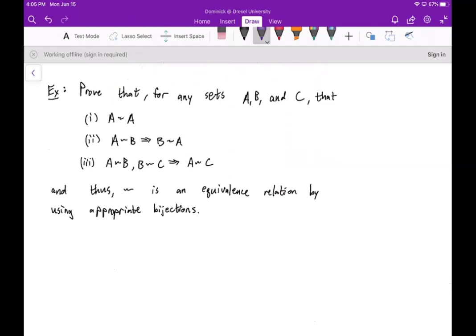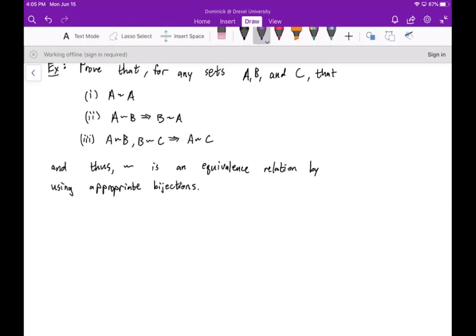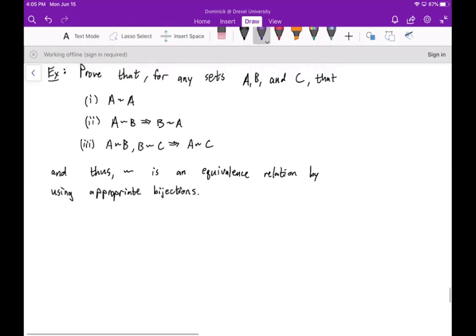Okay. So now, as an example, we'll prove that for any sets A, B, and C, A always has the same cardinality as A. If A has the same cardinality as B, that implies that B has the same cardinality as A. And then the transitive property: A equivalent to B, B equivalent to C implies that A equivalent to C. Right? So let's show that for any sets this will work.